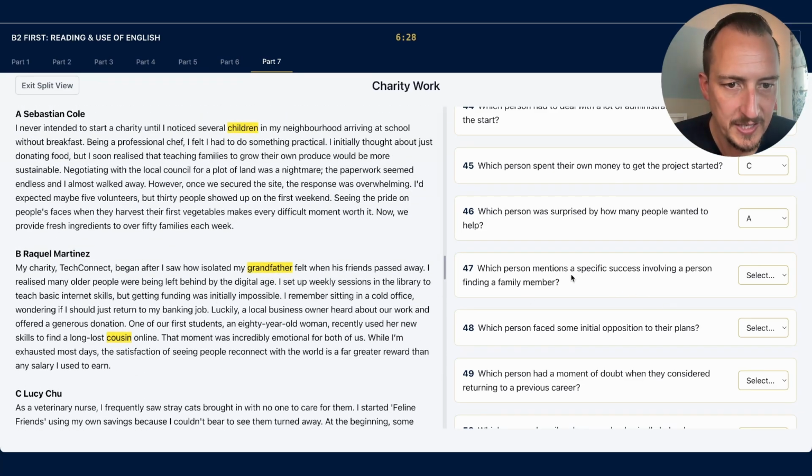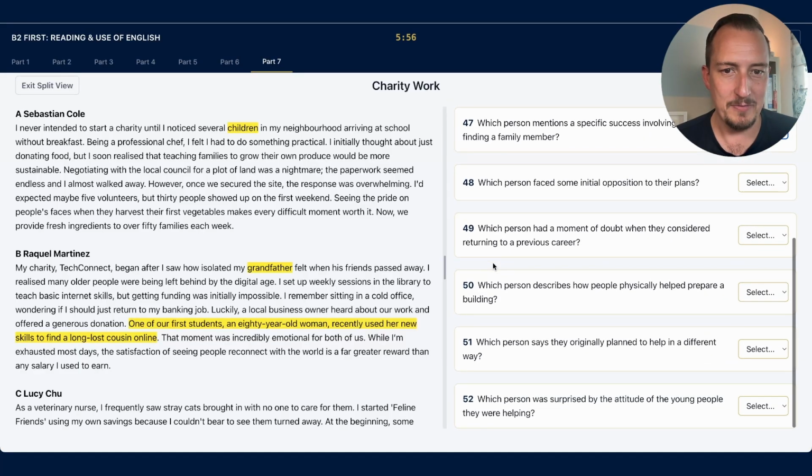So the question is, which person mentioned specific success involving a person finding a family member? His friends passed away, children, teaching families how to grow. We have that one there, one of our first. Perfect. Finding someone else. So the correct answer is B. Excellent. Okay, we've got a few more to go.